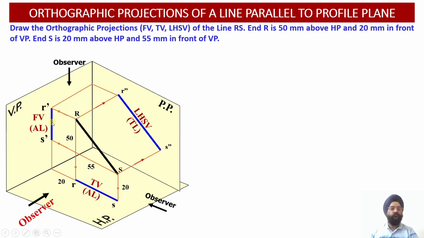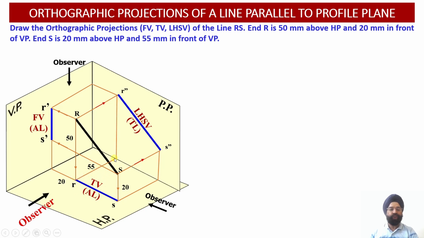Similarly, in order to obtain the correlation between front view projections of the line RS and the side view projections of the line RS, these 2 construction lines need to be drawn over here. So this way we will be able to establish the relationship between point R, and similarly over here, once we join the projector lines, we will be able to obtain the relationship between top view and side view projections of this particular line.